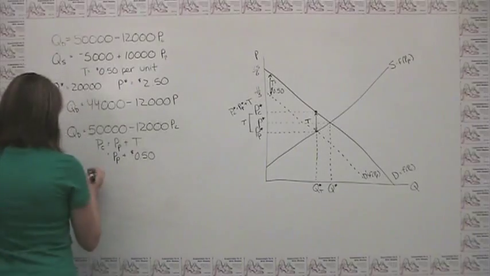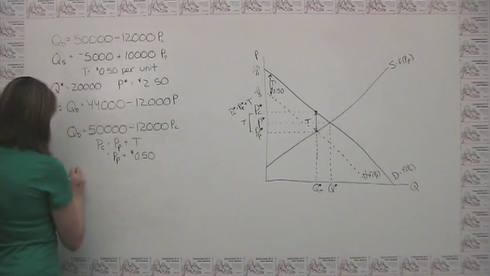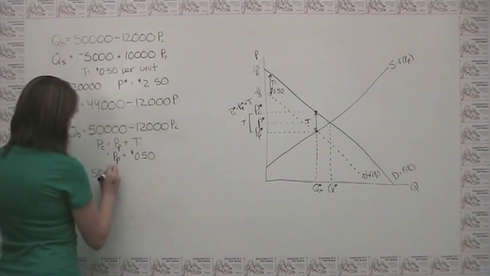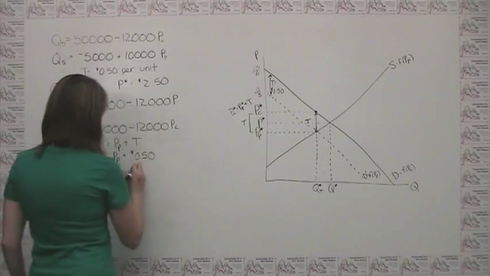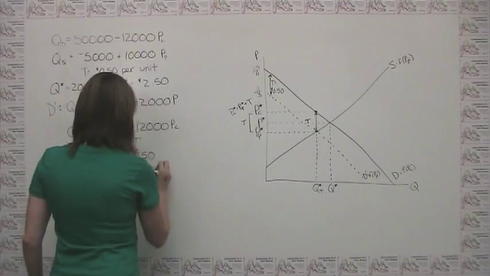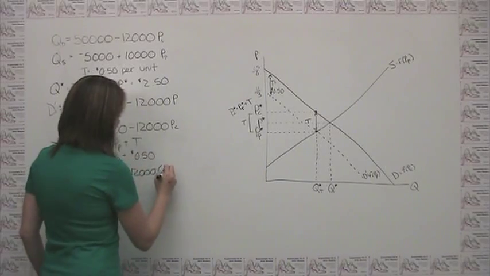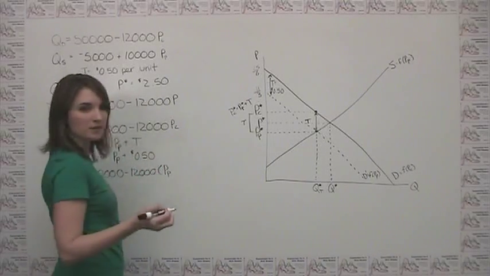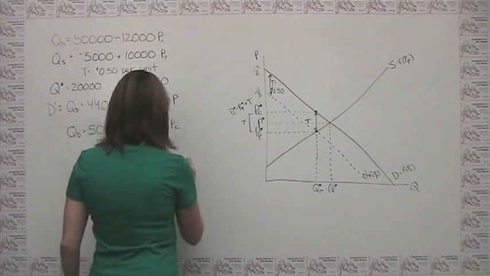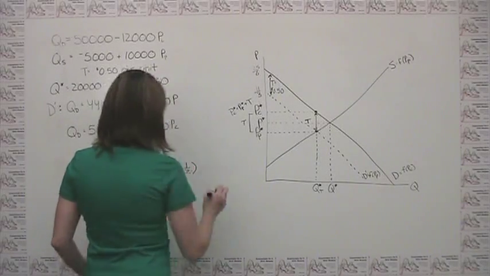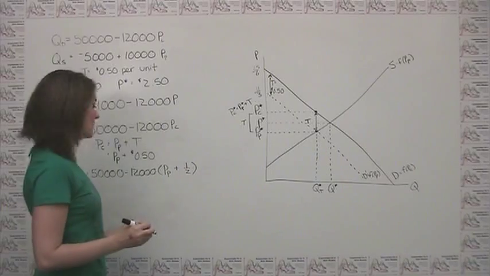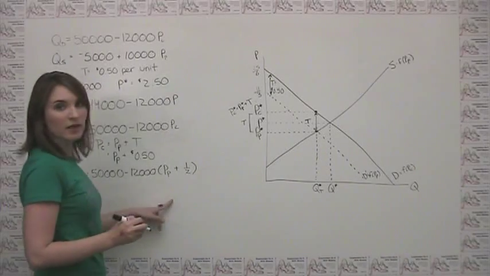When we do that, we get quantity demanded is equal to 50,000 minus 12,000 times the price that the producer gets to keep plus, I'll just make it easier, 1/2. Well, now all we have to do is multiply this out.